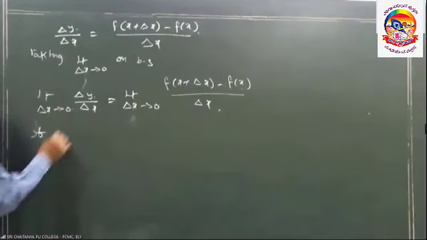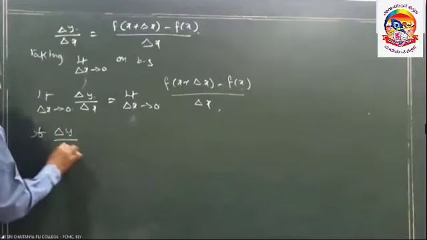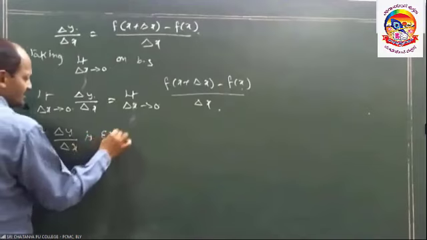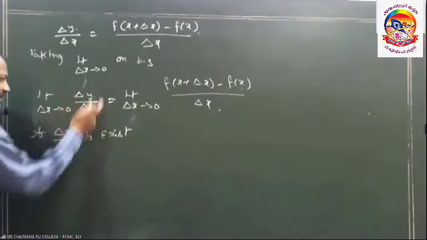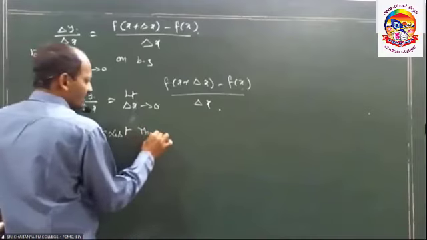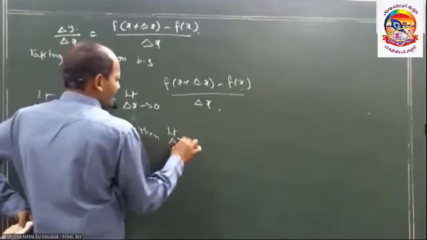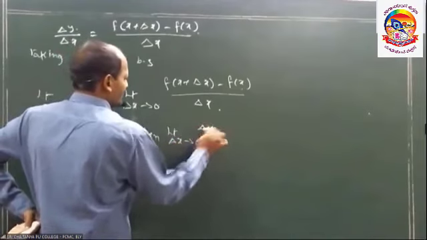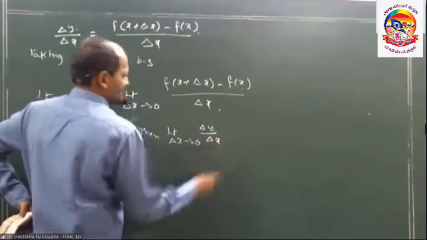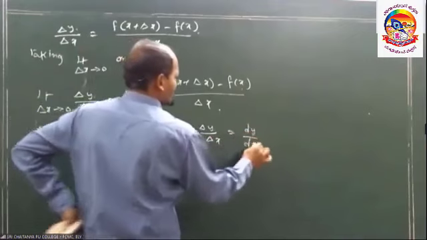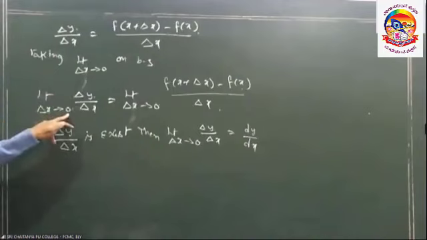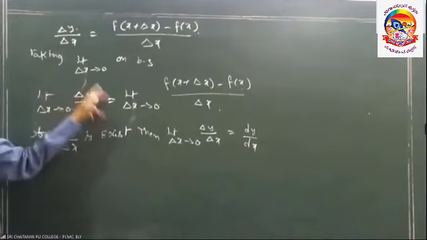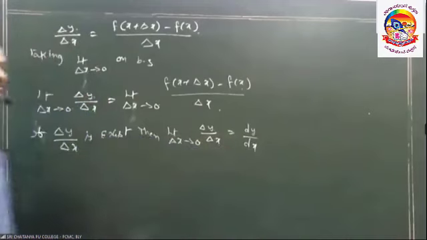If delta y by delta x exists, then limit delta x tends to 0 of delta y by delta x is equal to dy by dx.